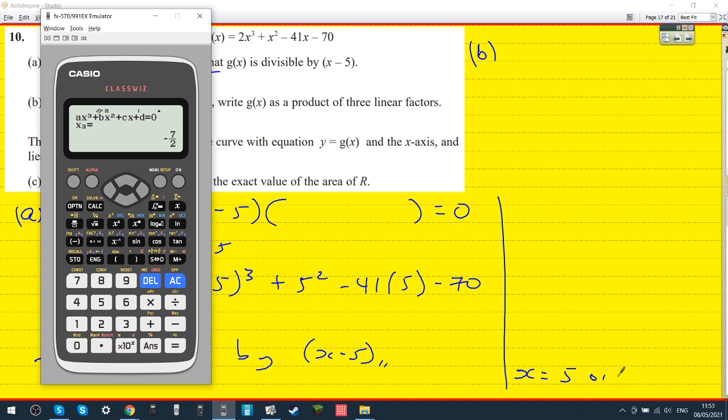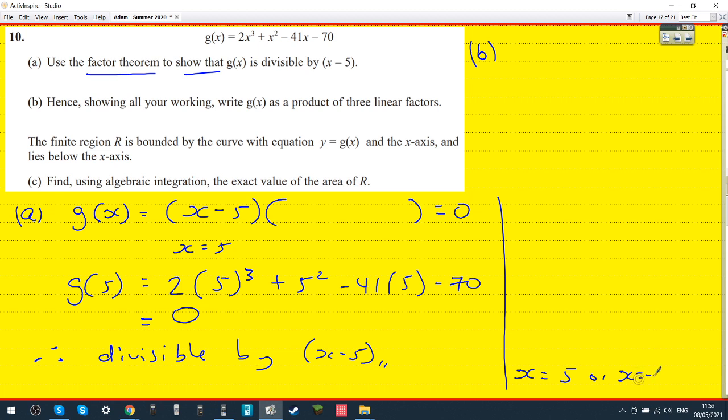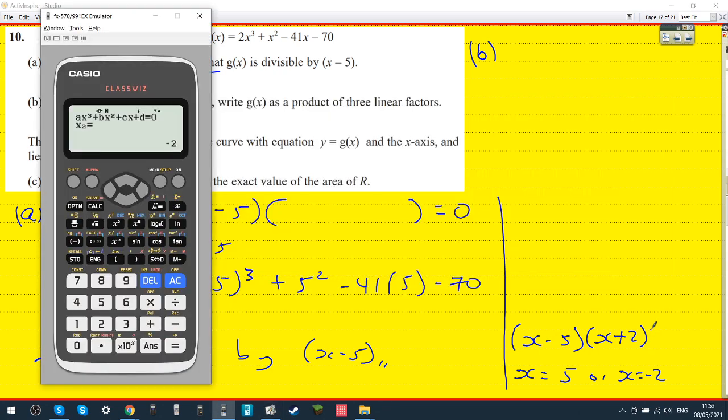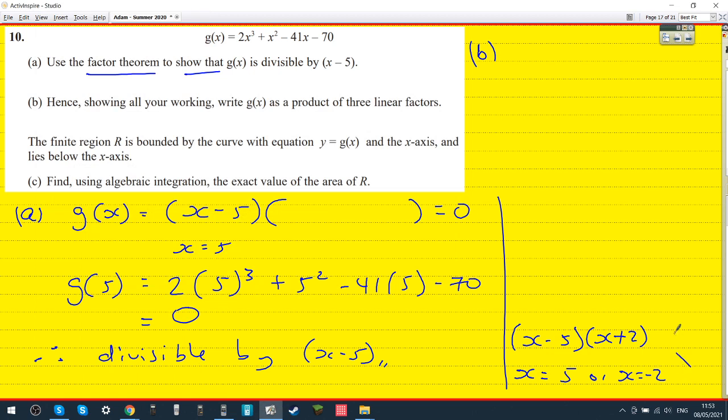Okay, x equals 5, so that's what we were expecting. So you'd make it x plus 2, and x plus 7 over 2. Sure, hold on. Don't give the game away just yet. x minus 5, x plus 2. However, they have to be factors. They can't be fractions. So x equals minus 7 over 2.